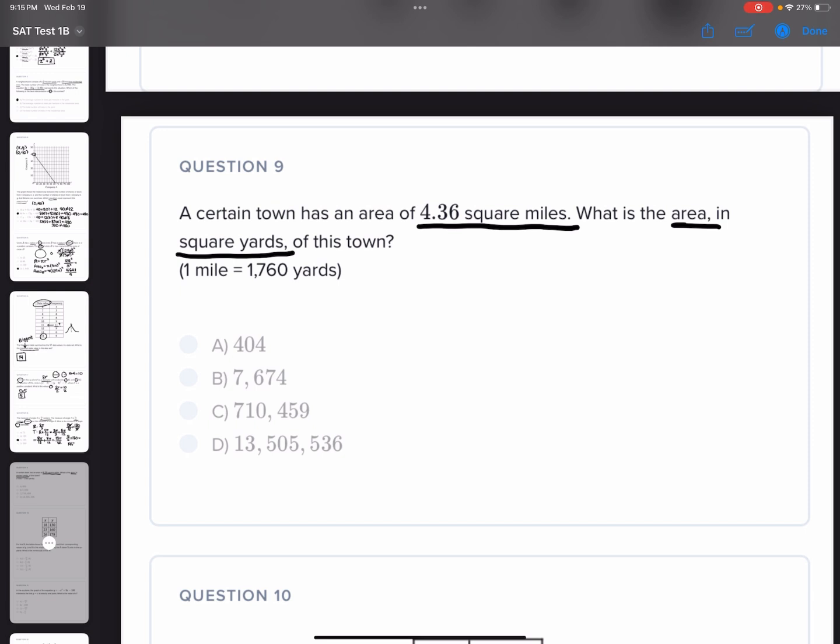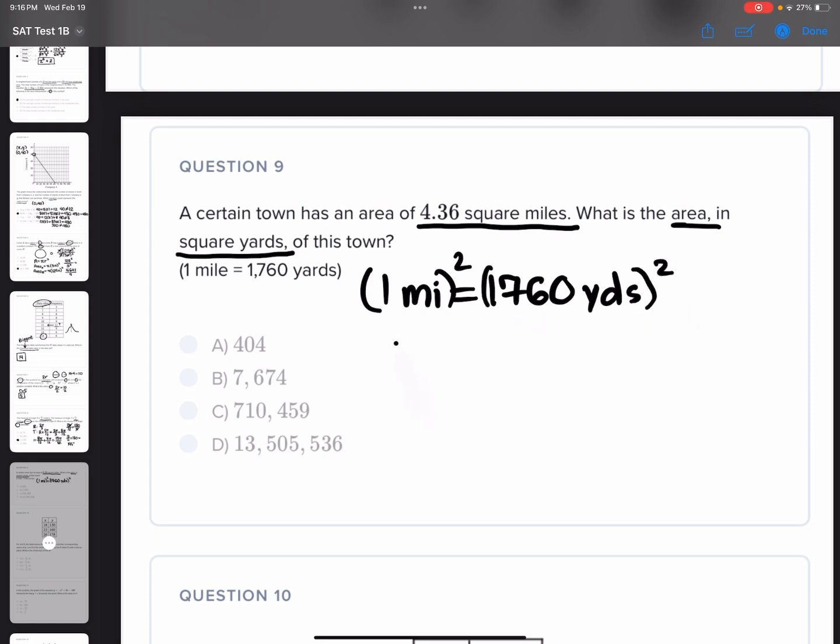You're like, okay, so Saley, how are we going to solve this? They didn't give us the conversion. What do I do now? Make the conversion work for you. We are talking about square, right? So if we have 1 mile equals 1,760 yards, we can just square both sides.